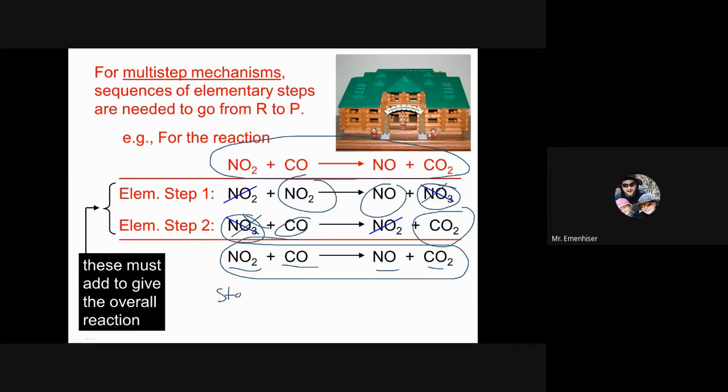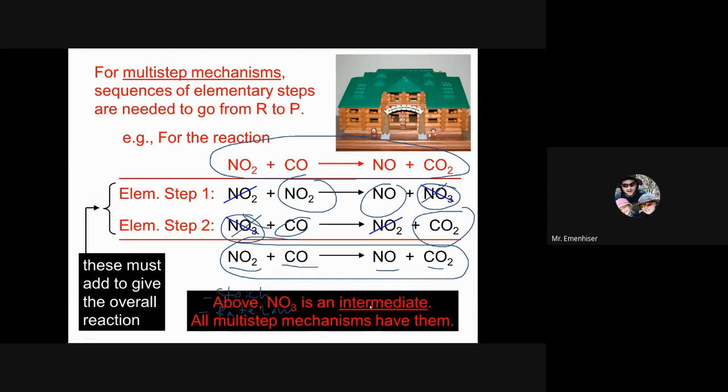So we must check that stoichiometry. And then the next part of mechanisms, it must correlate with the rate law. Okay, and we'll talk about that. So that's our two requirements for mechanisms. They must agree with our stoichiometry, and they must agree with the rate law. Remember, the rate law is experimentally determined. So they must agree with the stoichiometry of the balanced equation, and they must agree with the experimentally determined rate law.